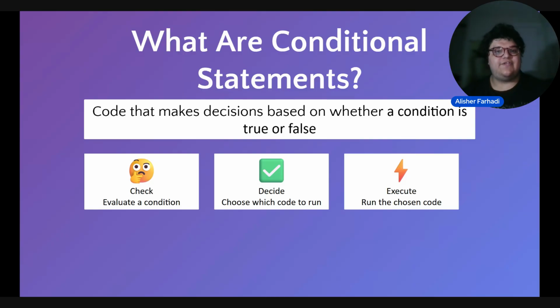Well, that's where we would get to the third part, which is the execution. Once it decides if the condition is true or false, it gets to execute the code, whether it's telling you on the front end that you're not old enough to vote, or letting you through and allowing you into the portal where you can vote.